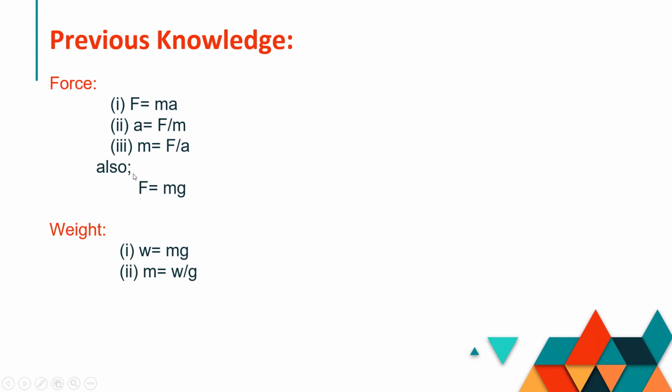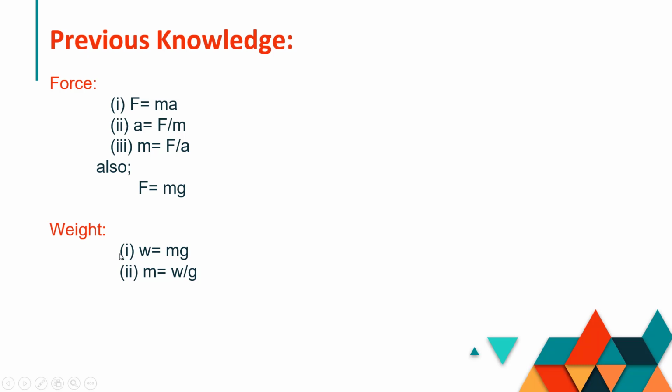We also know that if acceleration is replaced by gravitational acceleration, then force becomes equal to mg. So we also apply this formula where we are given the mass and the gravitational acceleration. Next one is weight.